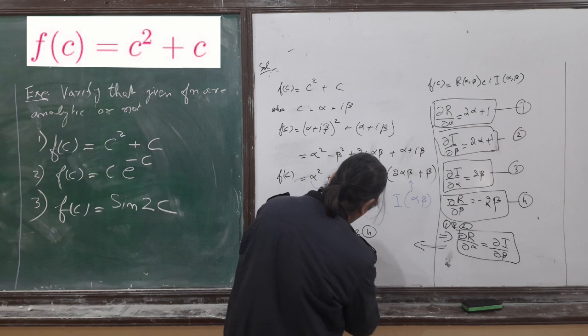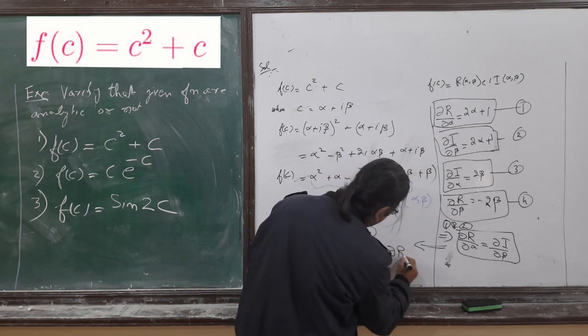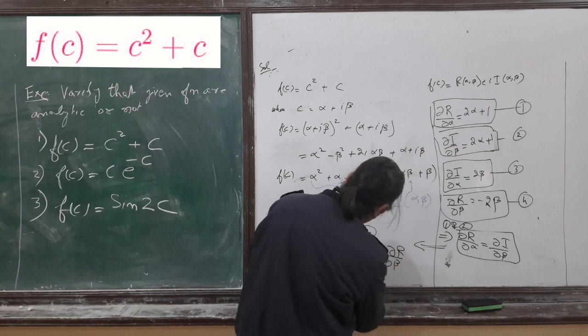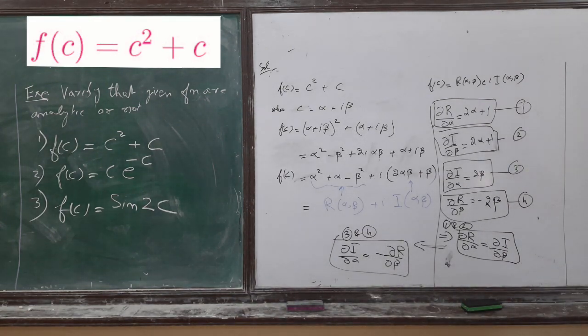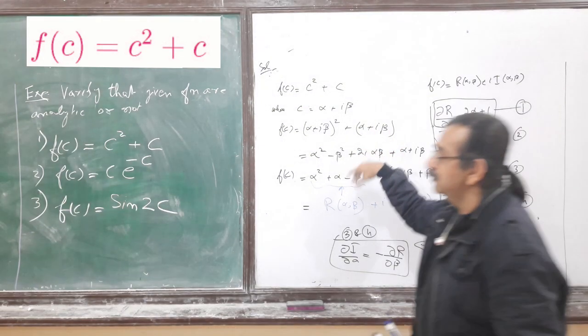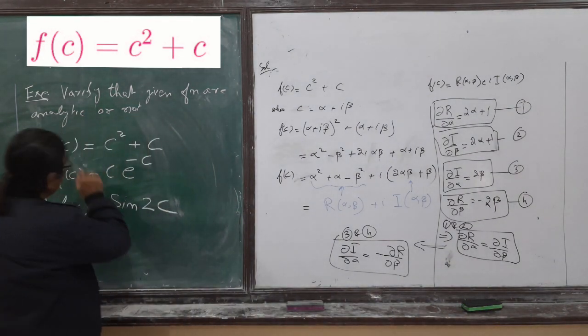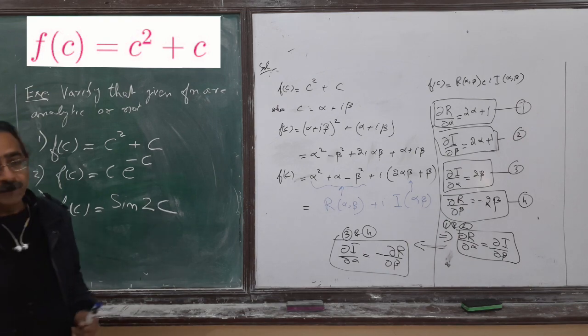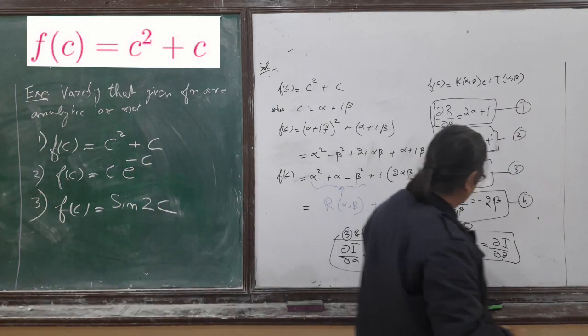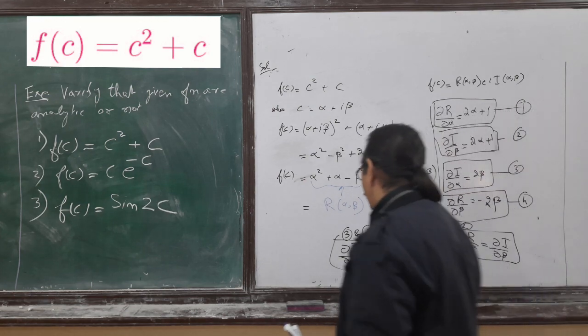Partial I over partial alpha is equal to minus partial R over partial beta. So these are the Cauchy-Riemann equations, and it is satisfying these Cauchy-Riemann equations. So that means this is an analytic function. So the first is an analytic function. Got it? That is very simple. Okay. Now we move toward the next.